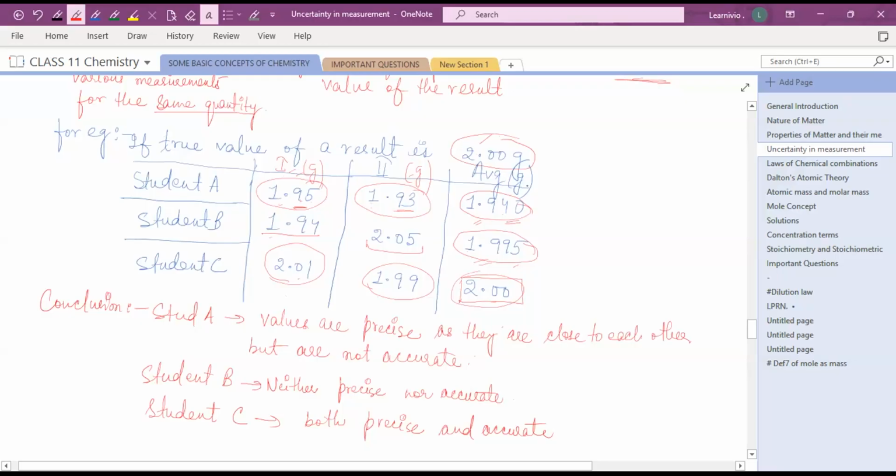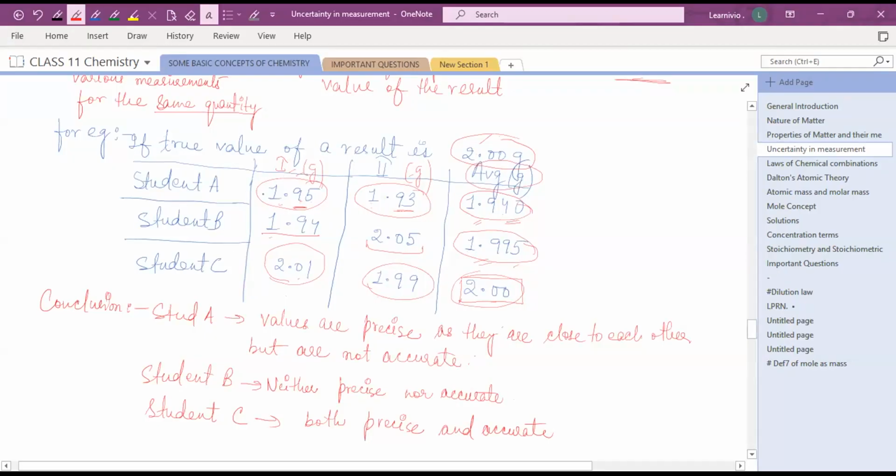But when we have to tell about accuracy, we will see the average of these two results. If the average equals the true value, then the value is accurate.